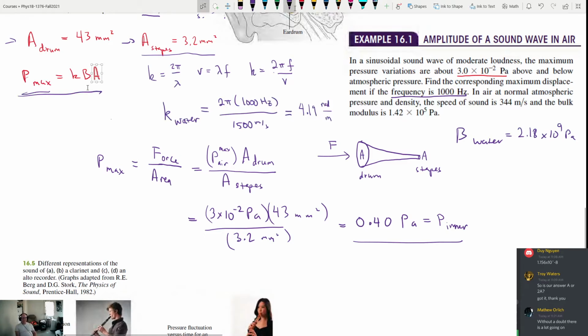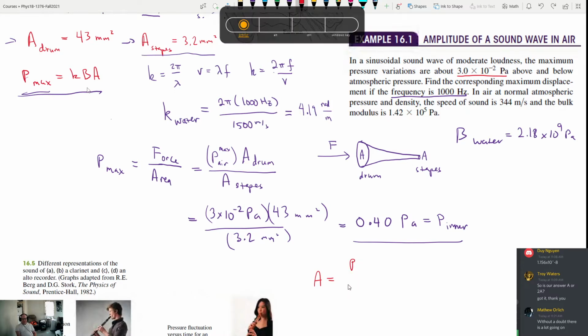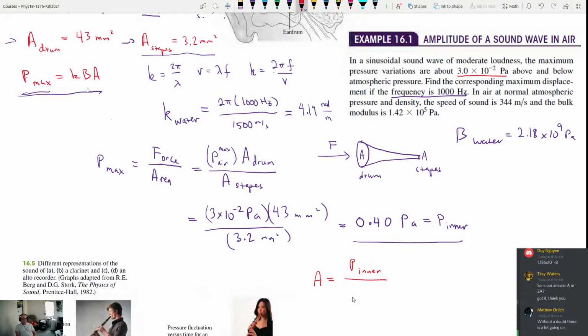So we're going to have, sorry, this is kind of going all over the place. A equal to P max, which in this case is going to be P inner, that we just calculated, divided by KB. So it's going to be 0.4 pascals divided by K that we calculated here. And then multiply by bulk modulus.